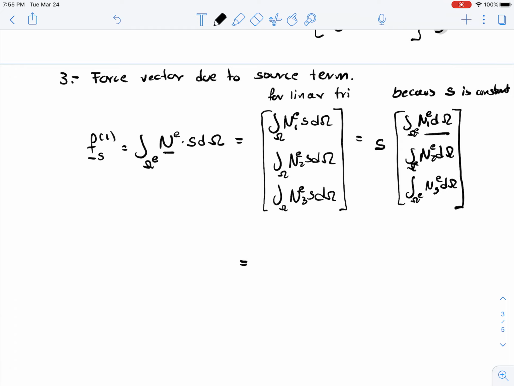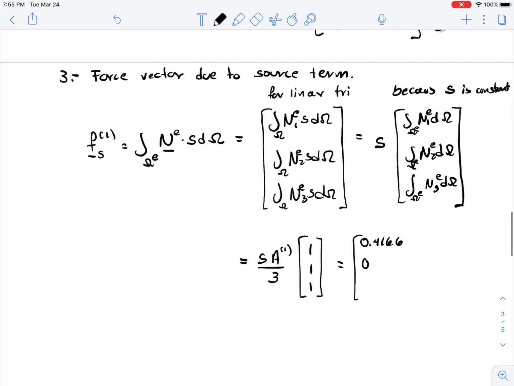If you recall what I did last time, if you integrate the linear shape functions over the triangle, that's actually just area over 3. You can go back to the previous video to see why that's the case. So this will end up being just s times area of the triangle over 3 times 1, 1, 1. In this particular case, that is 0.4166, if I did this correctly.